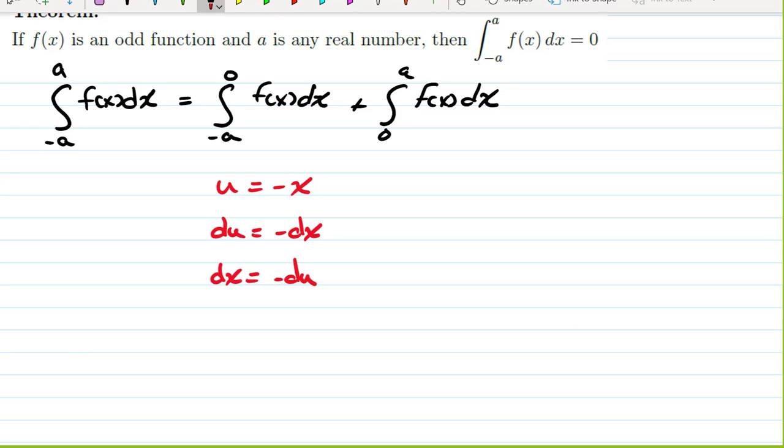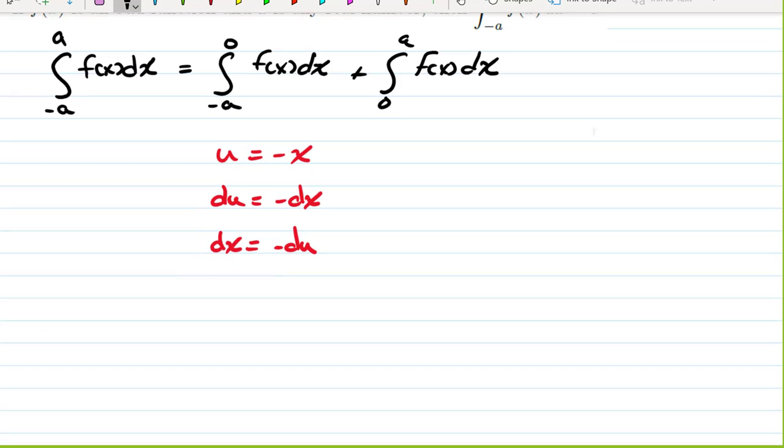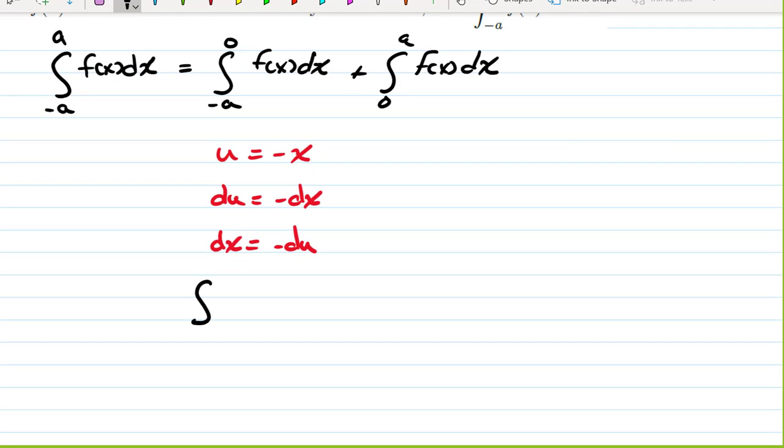If I substitute that only into the first integral, I would get the integral. I change my limits of integration, so I'm going to have the negative of negative a, and then I'm going to have negative 0 for my upper limit of integration, and then I'm going to have f, and if I solve this for x, it's going to be f of negative u, and then dx is the same as negative du.